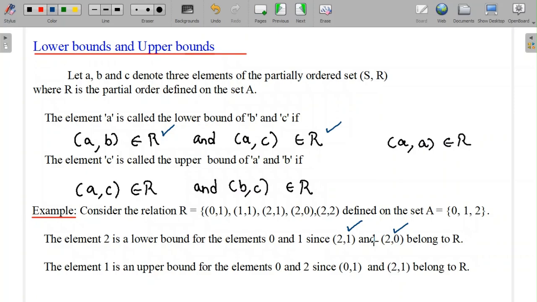The number on the left is 2 and therefore 2 is the lower bound. Similarly, 1 is an upper bound because we observe that (0, 1) and (2, 1) are part of the relation. Therefore, 1 is the upper bound of the two elements 0 and 2.